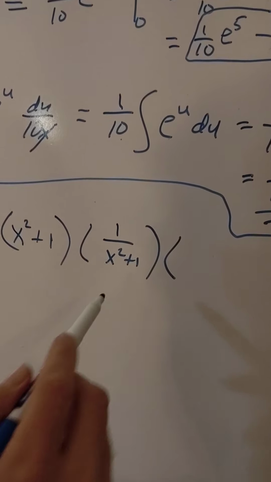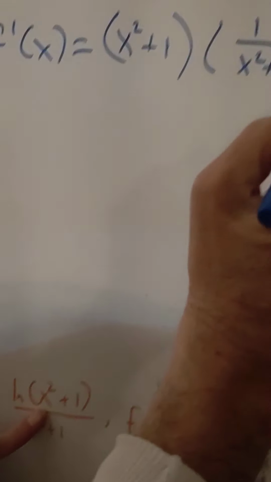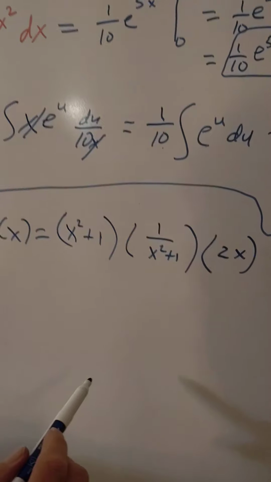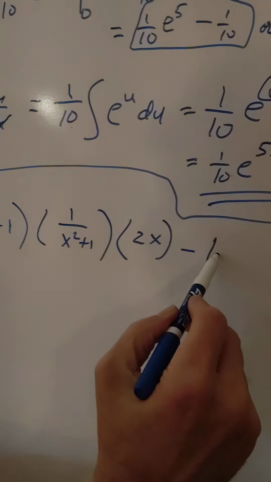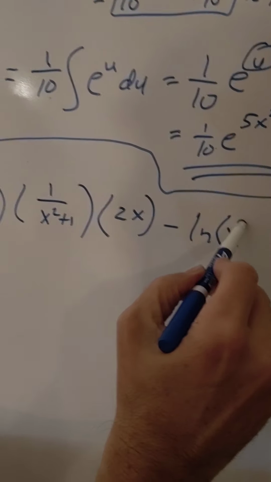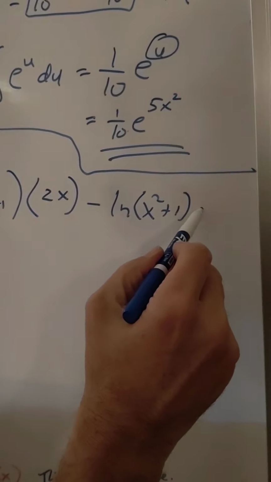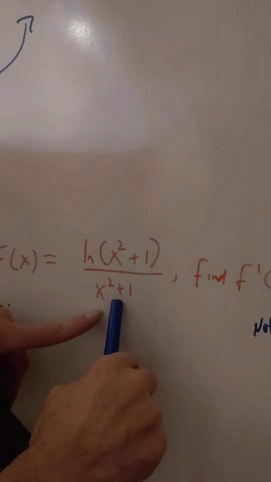times, and then what is the derivative of this argument? It's going to be 2x plus 0, which is just 2x. So times 2x. So there's my low d high minus high, which is the numerator, ln of x squared plus 1, and then times the derivative of the denominator, which is just 2x.